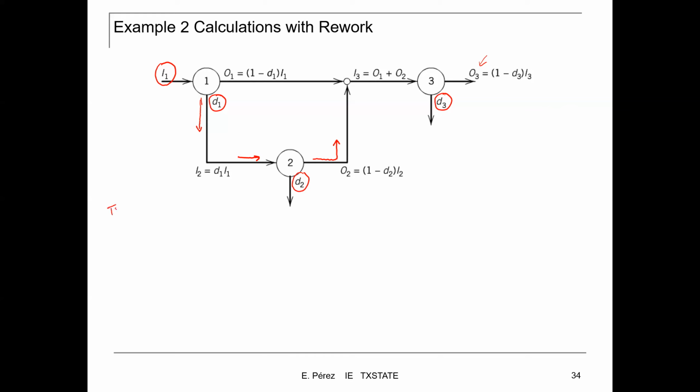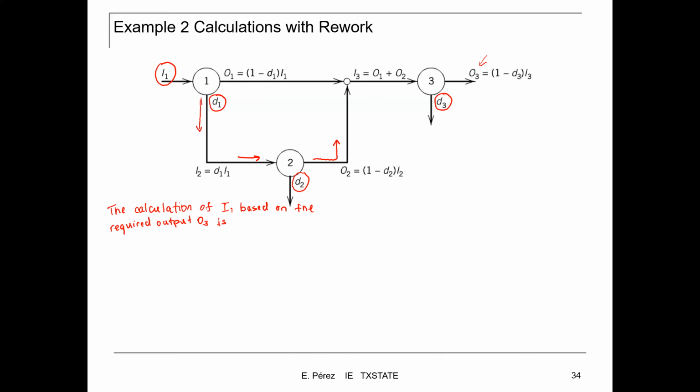Okay, so as I mentioned, the calculation of I1 is our goal for this problem, and it's going to be based on the required output 3, O3.